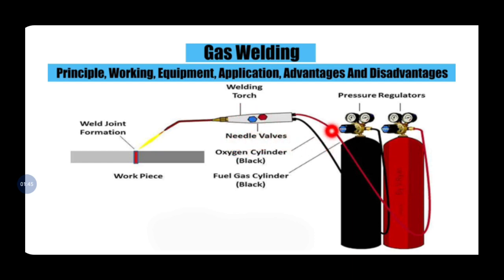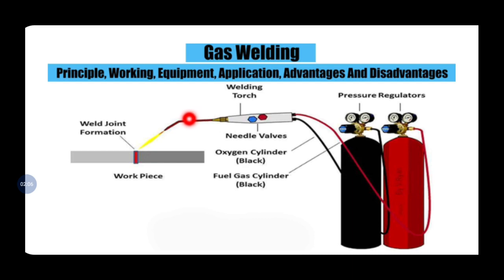You can control the amount of supply of the 2 gases here. So you have to mix the 2 gases, oxygen and acetylene, in this welding torch.